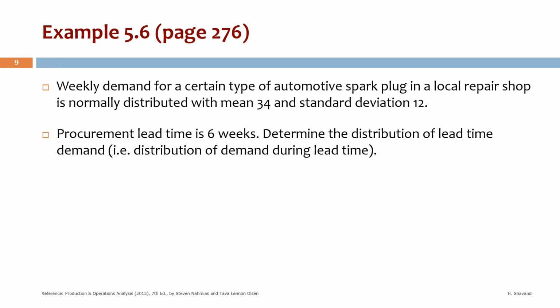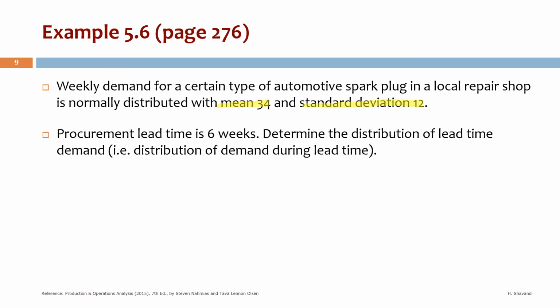Here we have estimated the weekly demand for a certain type of automotive spark plug in a local repair shop as a normal distribution with a mean of 34 and a standard deviation of 12.